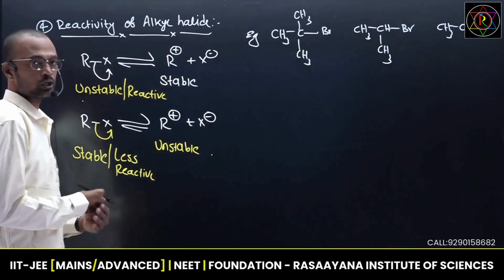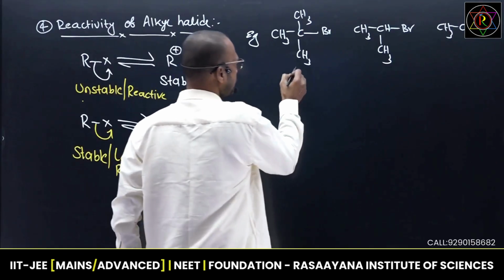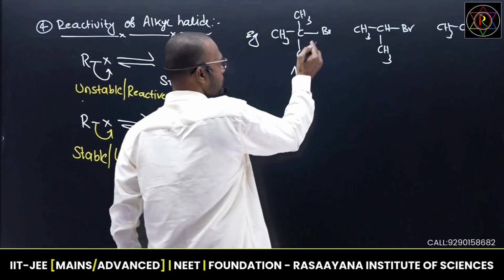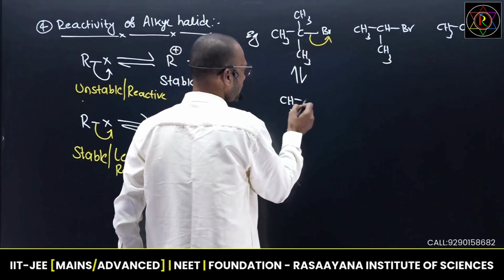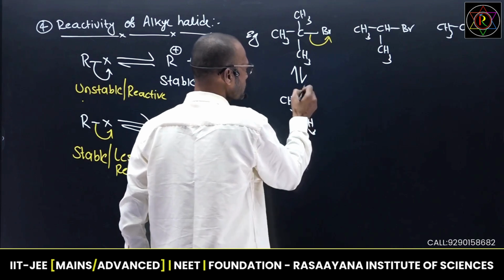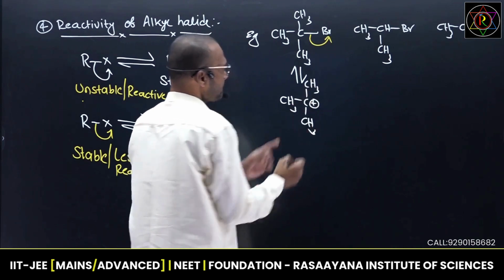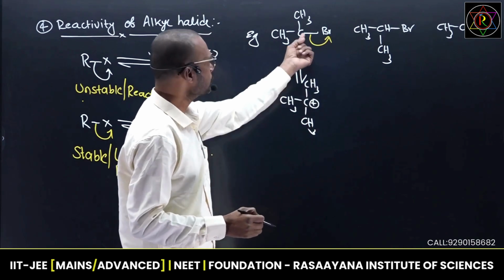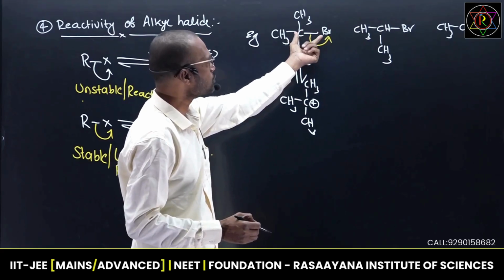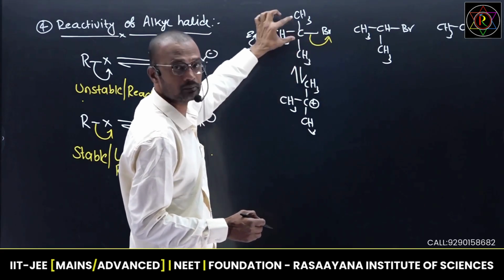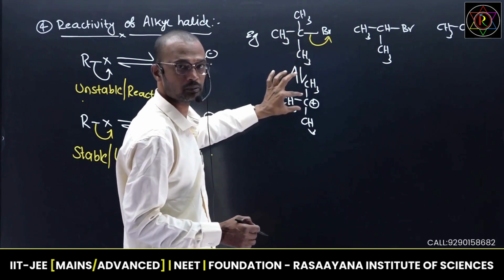Which among the following is more reactive depends upon the carbocation formed after breaking. See this, if you remove this, after breaking you will get a stable carbocation. If carbocation is more stable, this bond is very weak. It means we can break the carbon halogen bond very easily if it is tertiary, because tertiary carbocation is more stable.